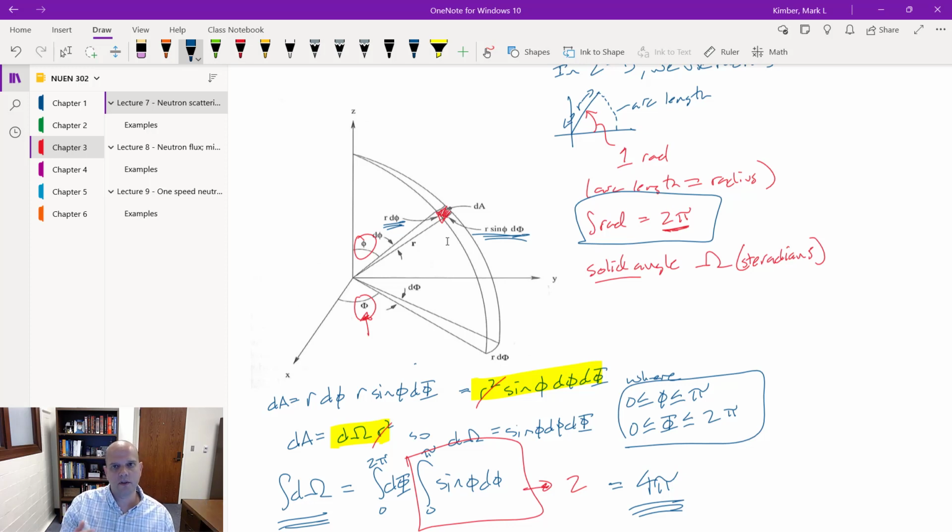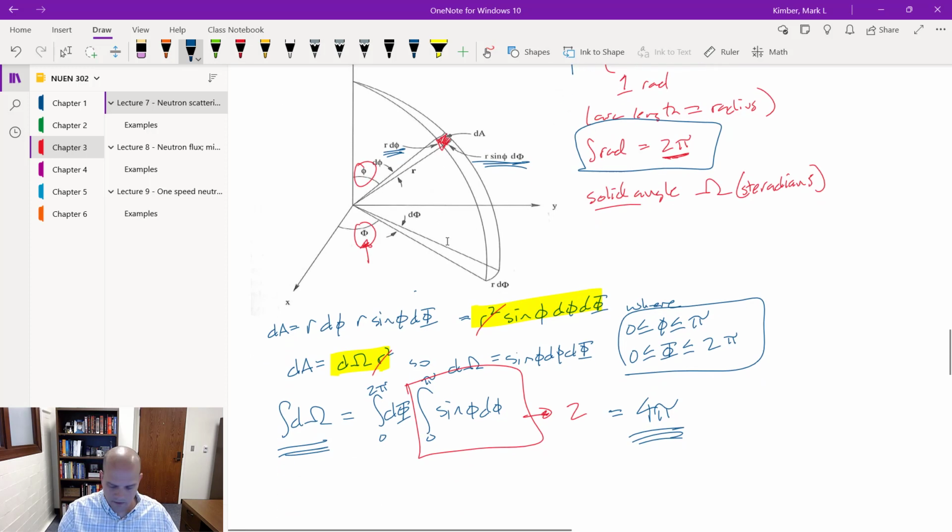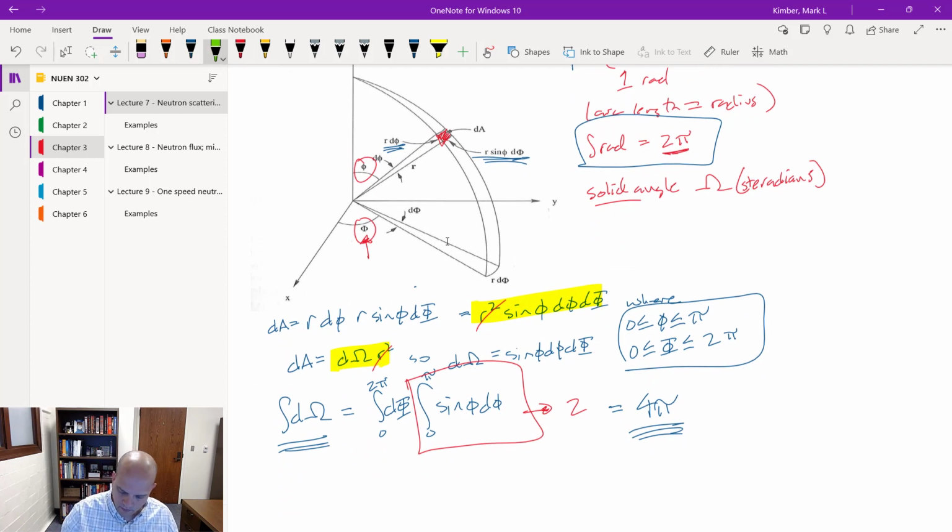And so there's no propensity or dominant direction. We call that isotropic. The scattering angle is isotropic; it's independent of direction. And because of that, we can make use of this integral here and find that 4 pi is going to come back into play in just a minute.